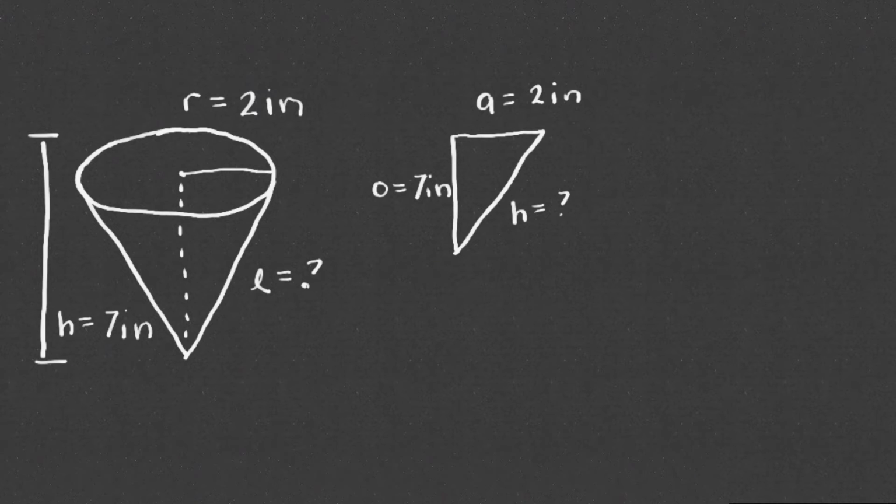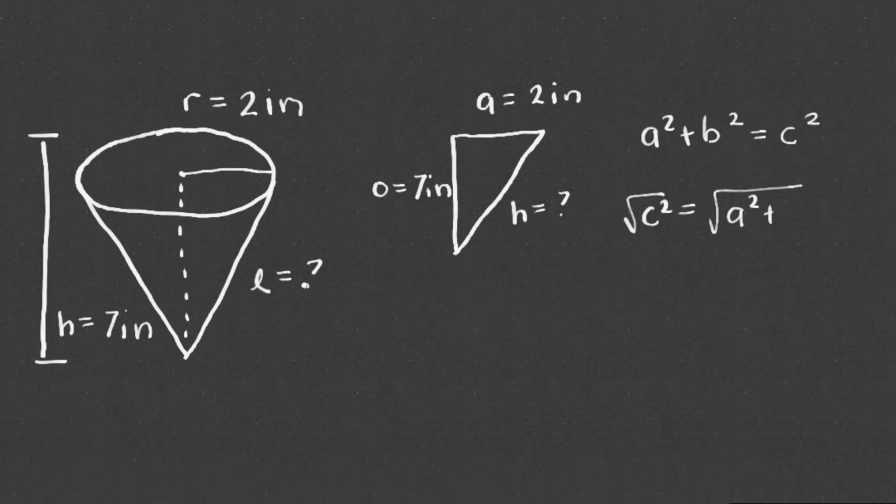To solve for the hypotenuse, we'll use the Pythagorean theorem, which states that a squared plus b squared is equal to c squared. We know that a and b can be either the adjacent or the opposite, and c is the hypotenuse. To cancel the square, we need to get the square root of both sides.